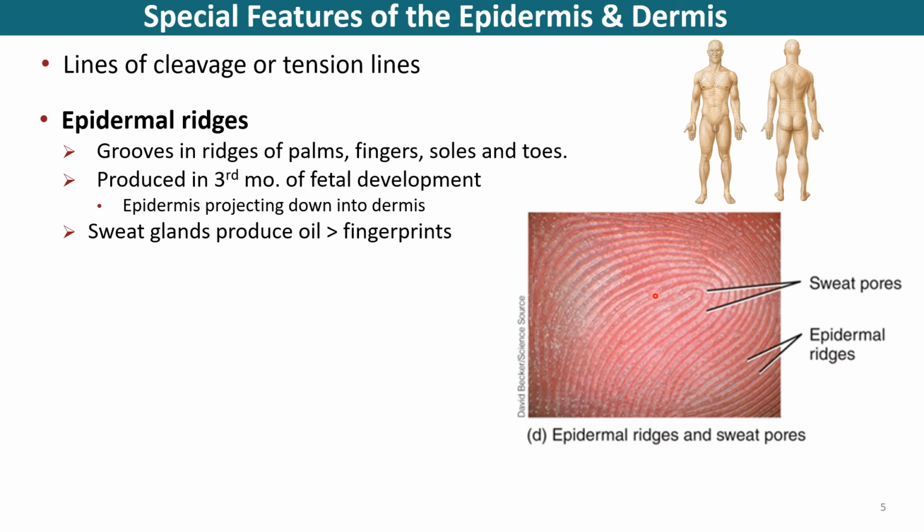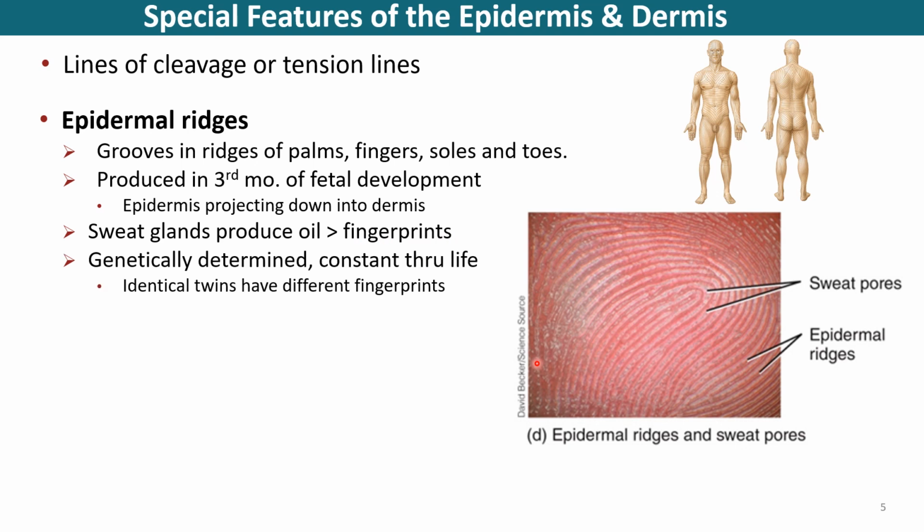In that epidermis, we still have these sweat glands producing oil. And it's that oil that's actually the residue that's left behind that's making your fingerprints. These lines are genetically determined, and they never change throughout your lifetime. But what's interesting is that identical twins have different fingerprints.